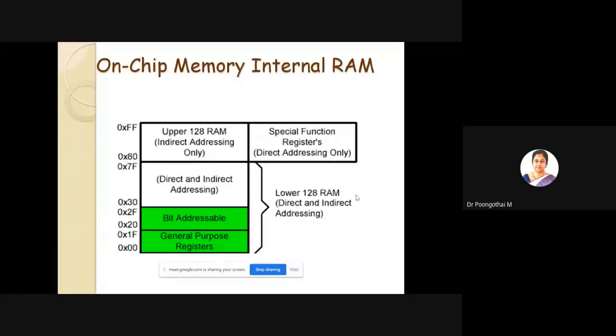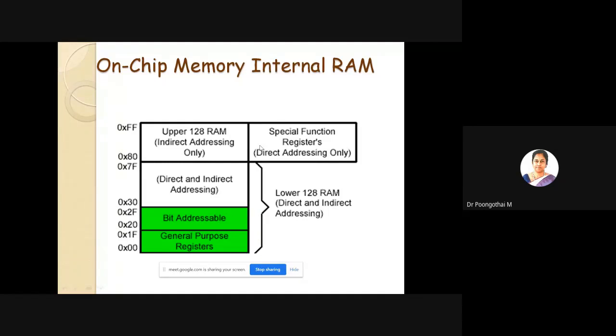So let's move on to the next memory, on-chip memory, internal RAM. Almost all modern variants of the 8051 microcontroller have 256 bytes of RAM. The size of internal RAM is 256 bytes, divided into lower 128 and upper 128.